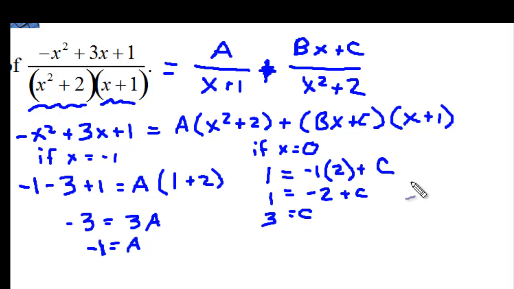So now we solve for 2 of them. We just need to solve for b. We know our a and our c, so we can write this out one more time, and let's just choose another simple one. Let's let x equal 1.